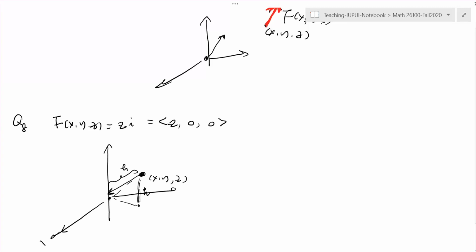Now you can imagine as you get higher and higher, that vector is getting longer and longer. When getting close to the xy plane, it's getting to 0.